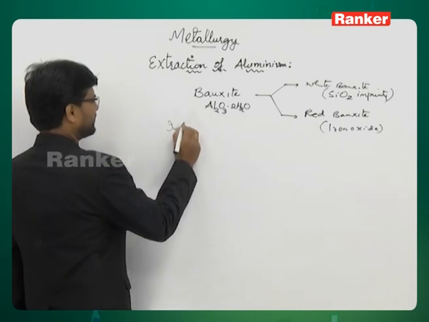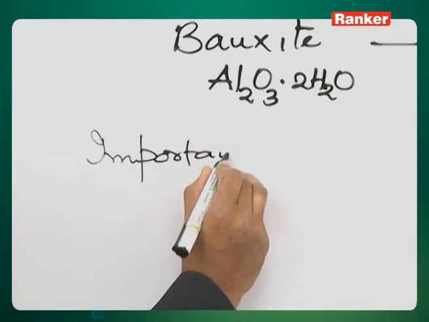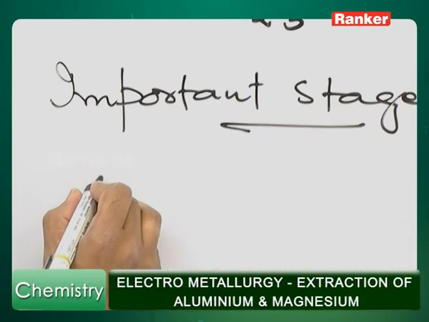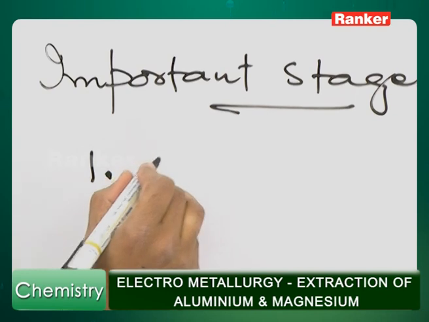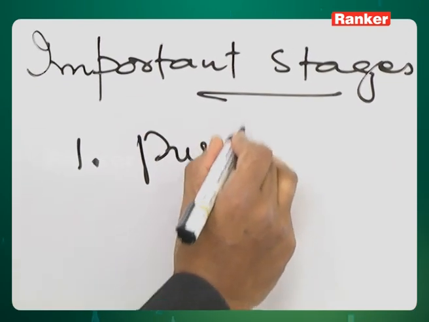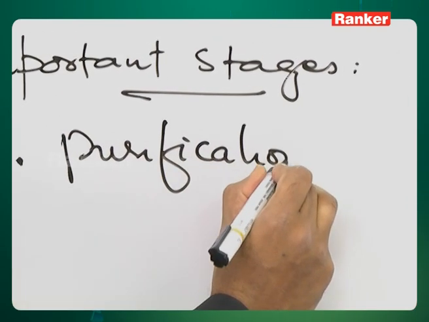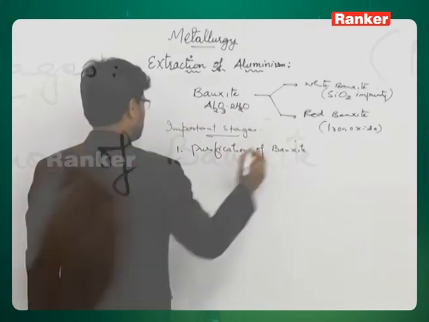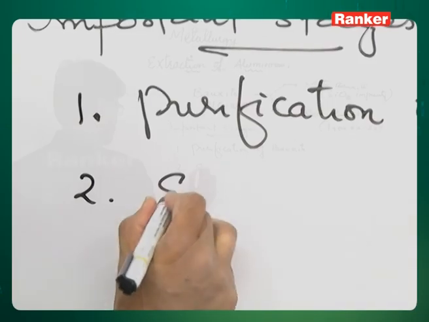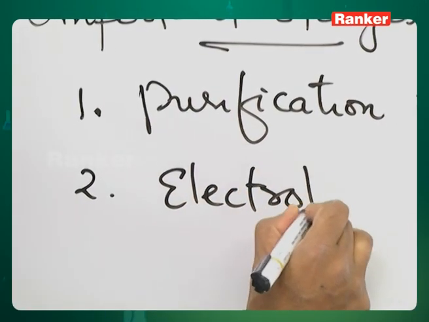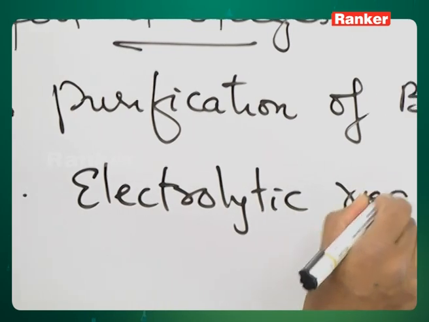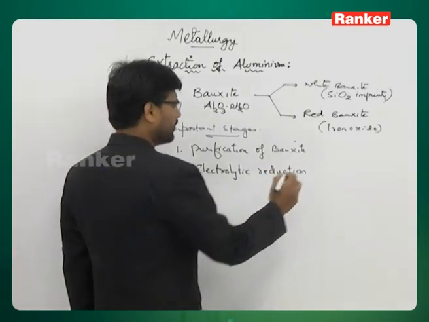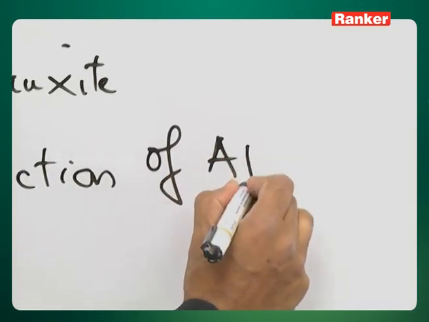Important stages in the extraction of aluminum: number one is purification of bauxite. Number two is electrolytic reduction of Al2O3, alumina.